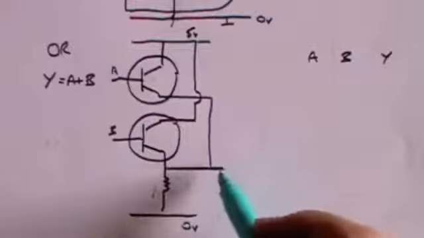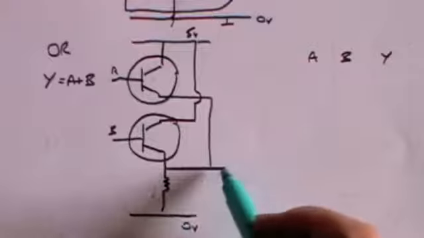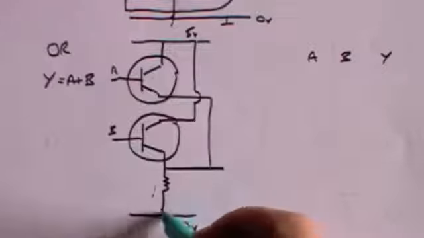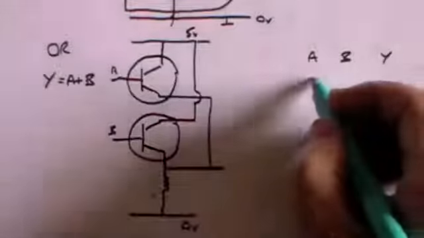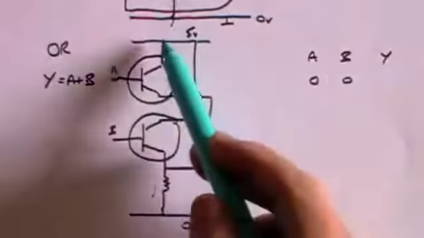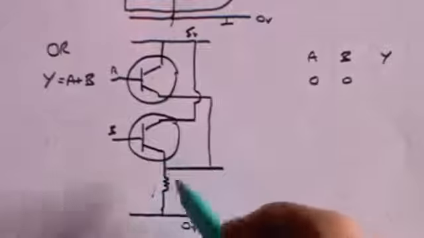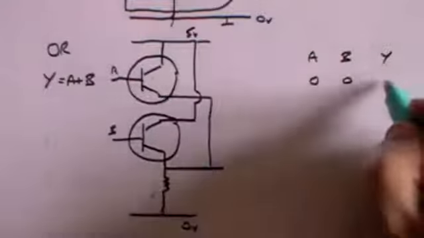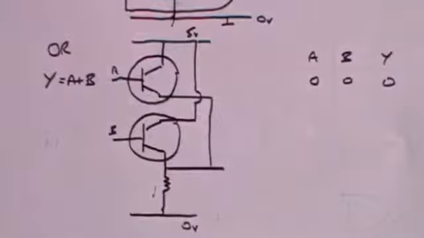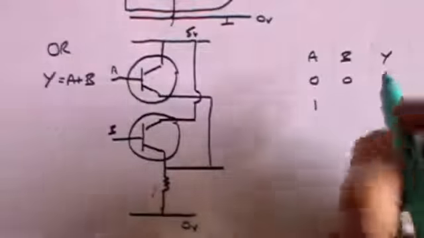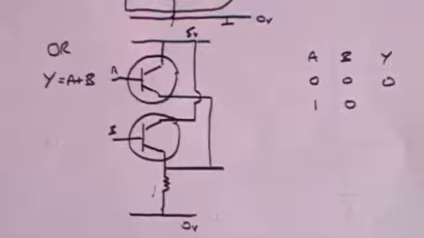So in other words, this output line here will be at exactly the same voltage as here, and that's 0 volts. So if A and B are both 0, no current can flow through that transistor, no current can flow through that transistor, therefore the output is also 0. Now what happens if A is 1, in other words, if A has a positive voltage but B doesn't?